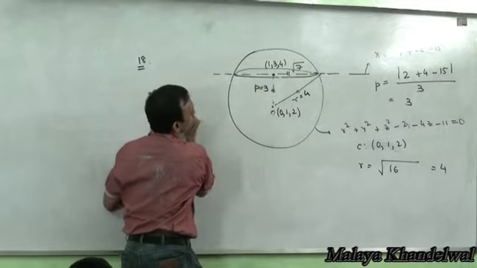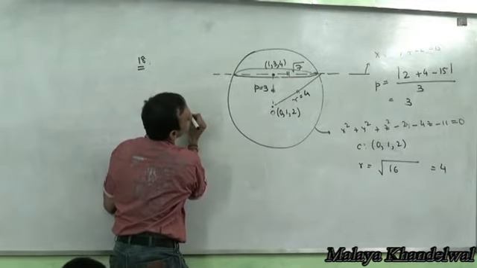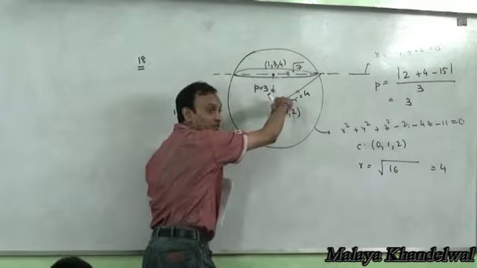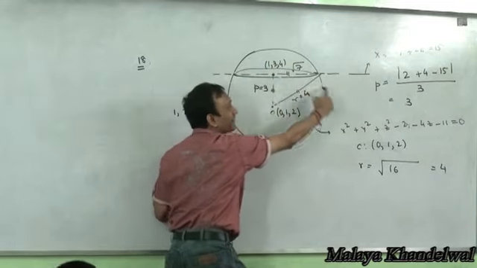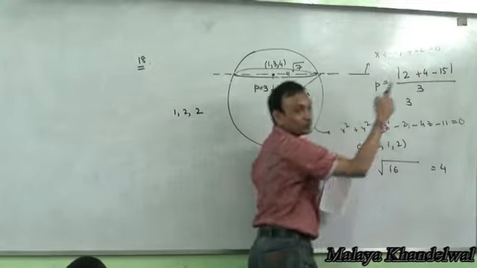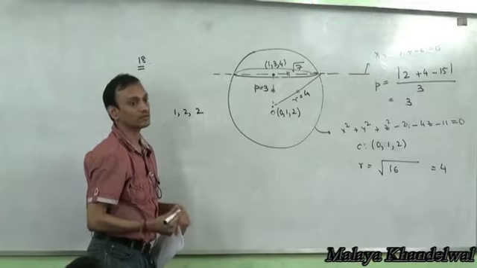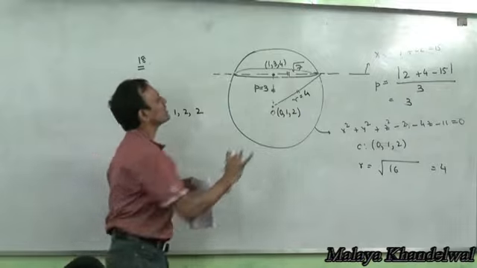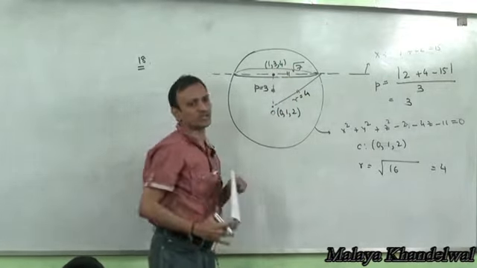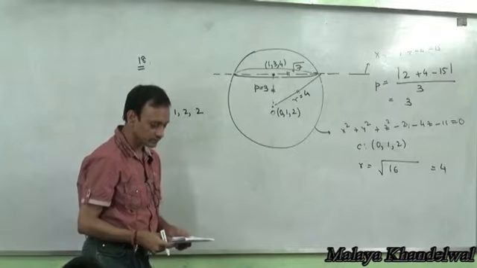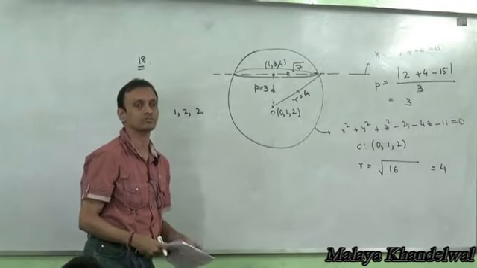The direction ratios are 1, 2, and 2, but this is also normal to the plane, and the normal to the plane is 1, 2, 2. That's the direction. Distance formula also, yes. Distance between these two is root 7. Absolutely. So option C.